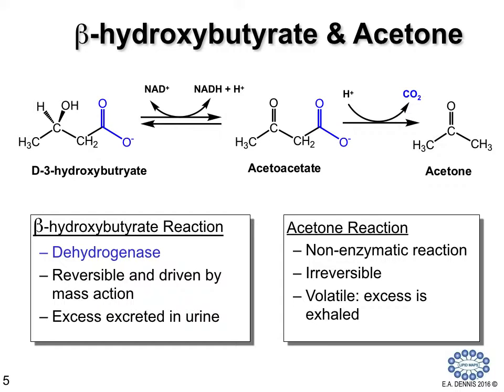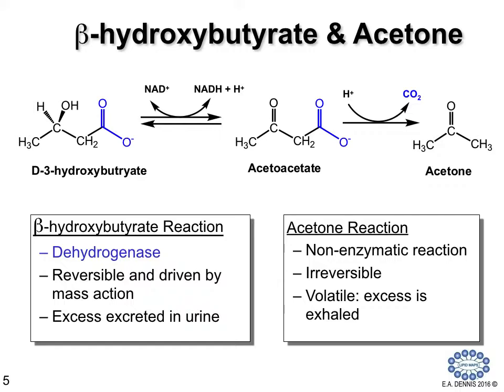The acetoacetate can be converted to D-3-hydroxybutyrate by a dehydrogenase. This enzyme is basically at equilibrium and can serve to interconvert the levels of hydroxybutyrate and acetoacetate. Non-enzymatically, a small amount of acetoacetate is decarboxylated, leading to acetone.